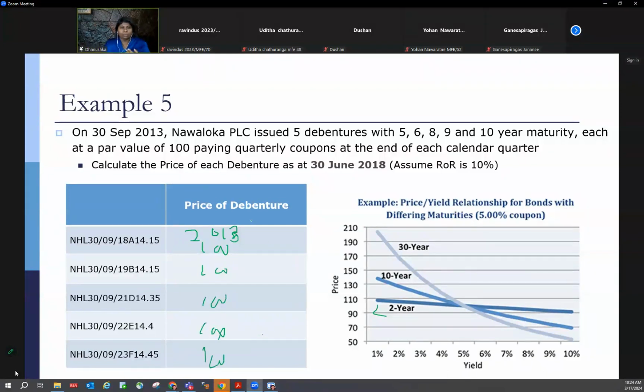And we saw that when there was 0% change in interest rates, in 2018 also, your prices remained 100, right?